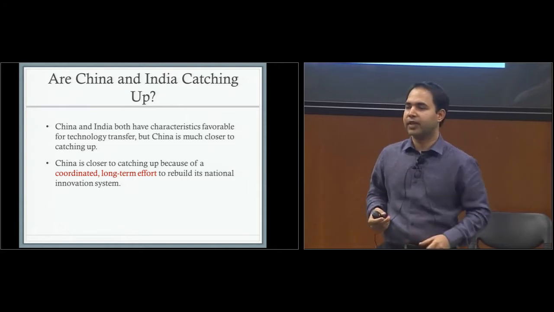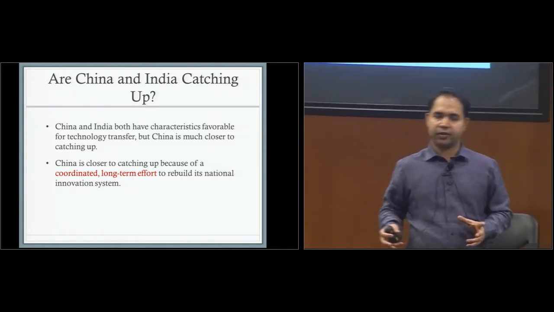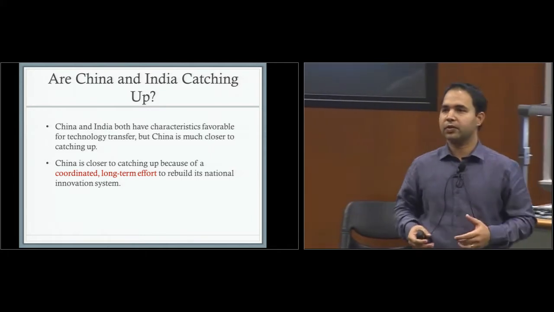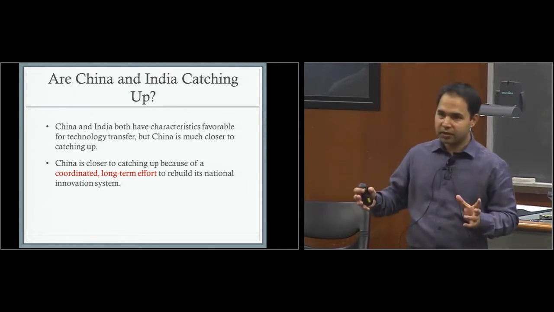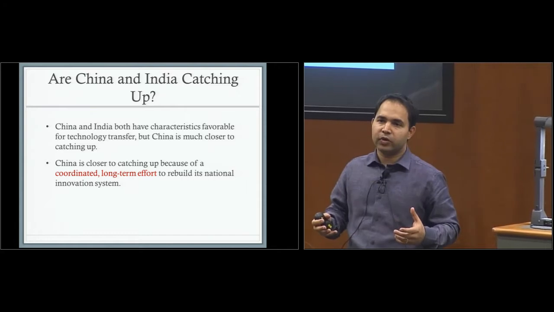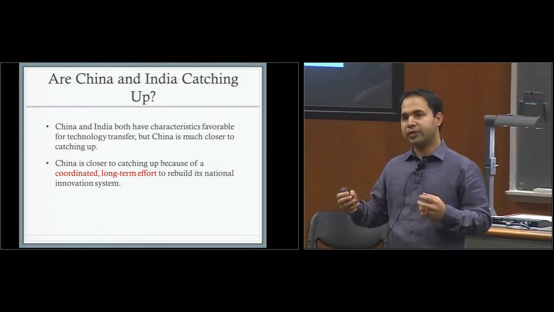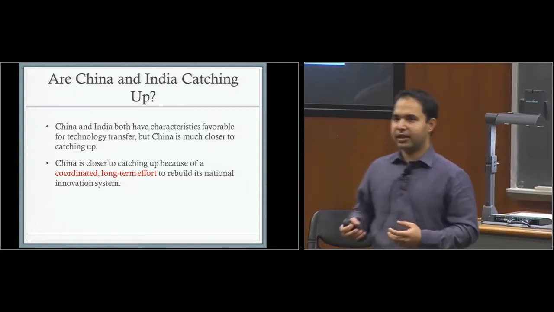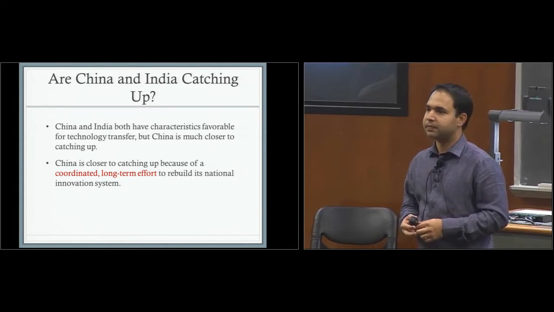Some examples are creating hundreds of clusters of different types of technologies. There's a lot of new economic research around clusters and their benefits, and how a whole bunch of firms in a cluster, which is an ecosystem, is more economically productive. There seems to be empirical evidence that suggests that. So China is using those new ideas to rebuild. That's what we mean by rebuilding its national innovation system.